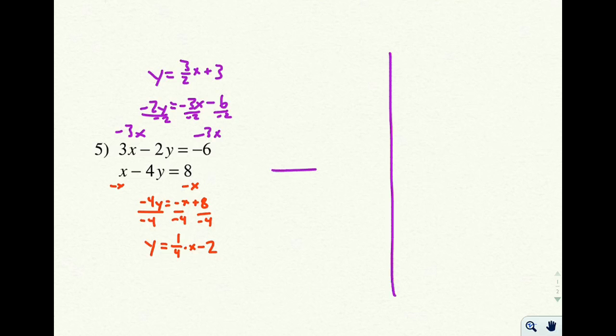So let's draw ourselves our graph. And in our purple line up above, we have a y-intercept of positive 3 and a slope of 3/2, which means we go up 3 and over 2, or back 2, down 3.